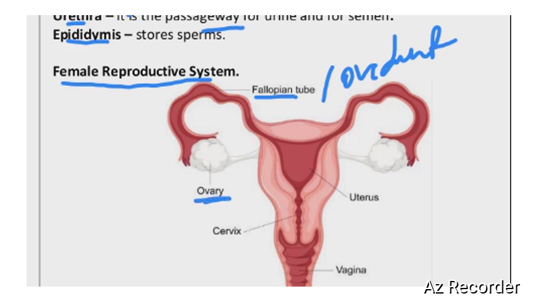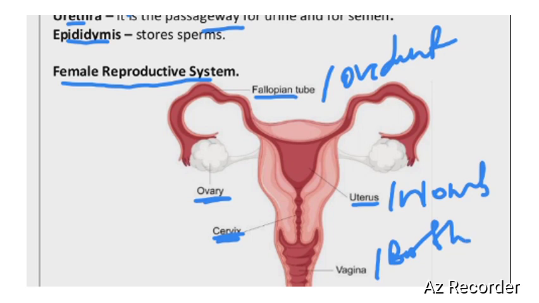If there are two, we call them ovaries. In the middle here we have the uterus, or sometimes we call it the womb. Then we have the cervix. And last but not least, we have the vagina, or sometimes we call it the birth canal. So those are the parts of the female reproductive system.